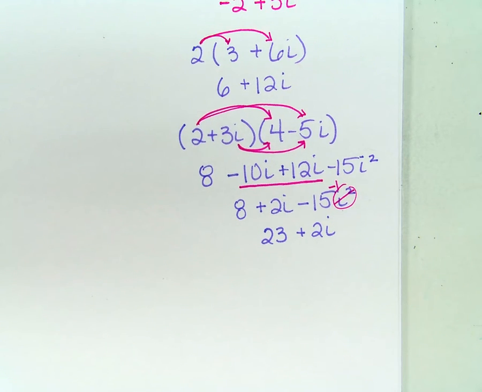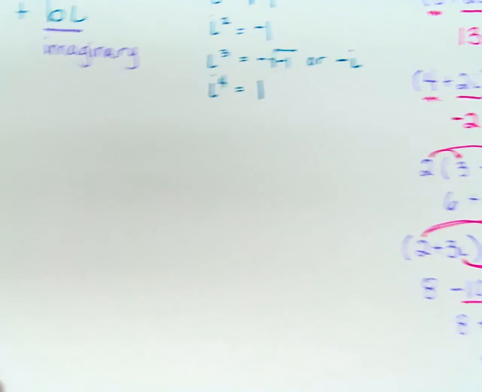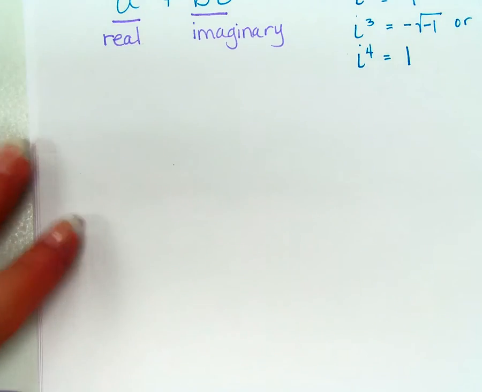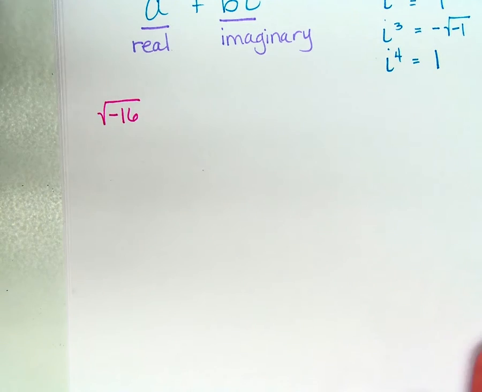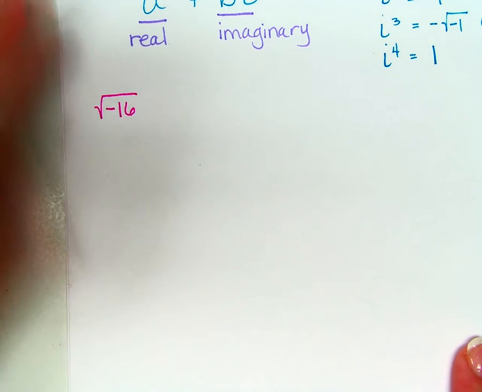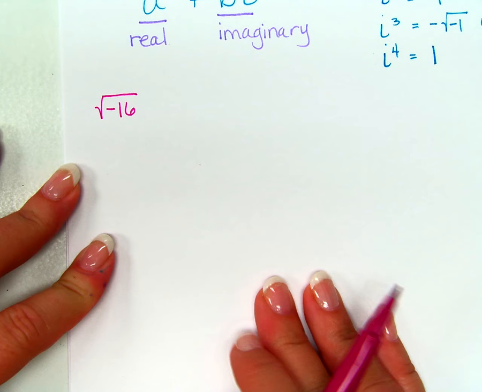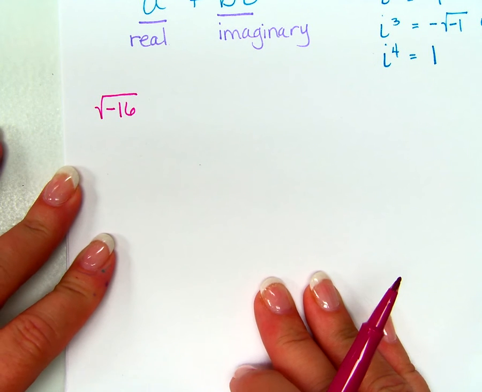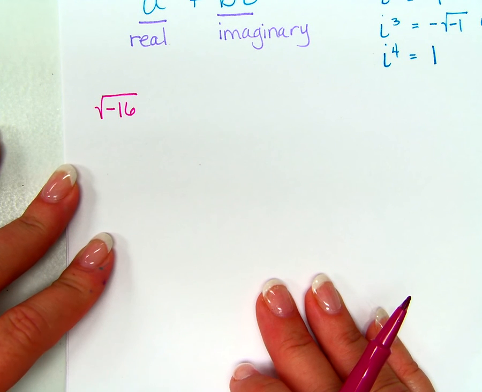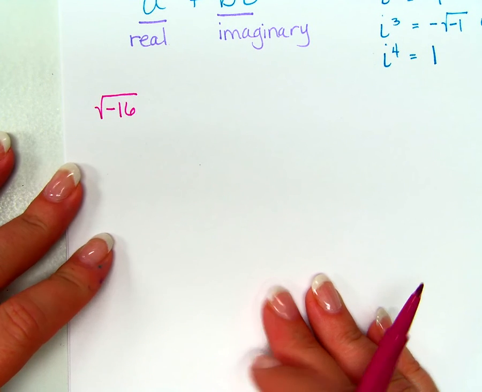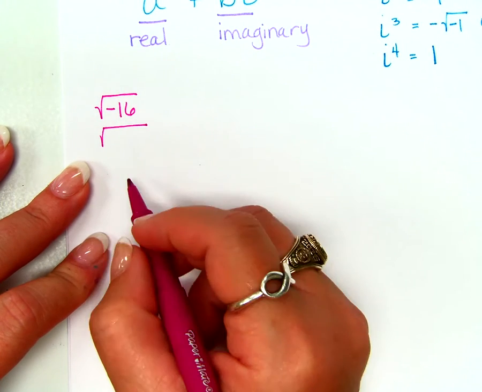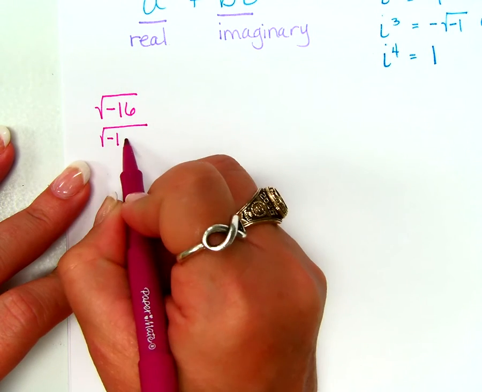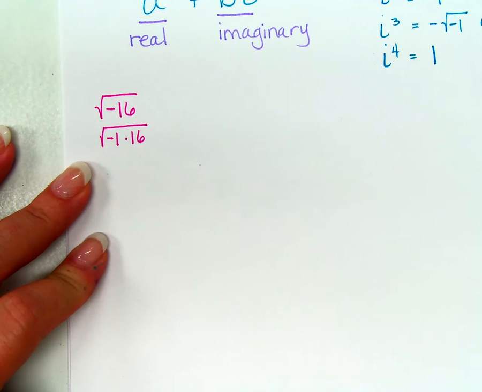This section also asks you to be able to do things with square roots. It also asks you to do things like this. The square root of negative 16. Can I remind you how to do problems like this? Some of you might remember off the top of your head, and that's good until we get to the next part. So let's go slow through this one. We know we can break apart numbers inside the square root, and I know I can break it apart like that.